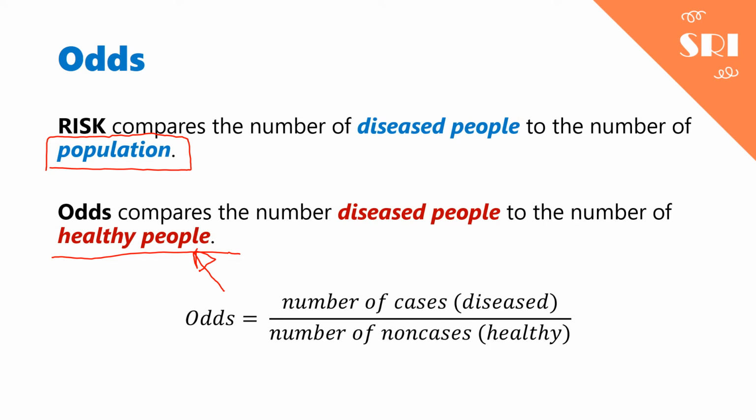So, if we look at the equation, the odds equals the number of cases or diseased divided by the number of non-cases or non-diseased or healthy. A visual representation will make this very clear. Imagine this circle is the whole population, and of this population, 1/3 is diseased while the others are healthy.